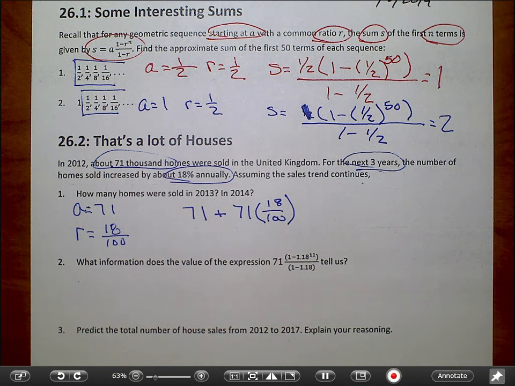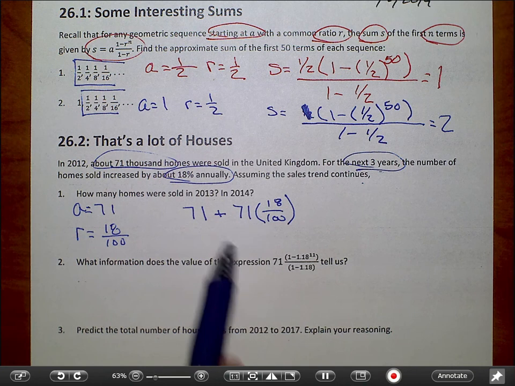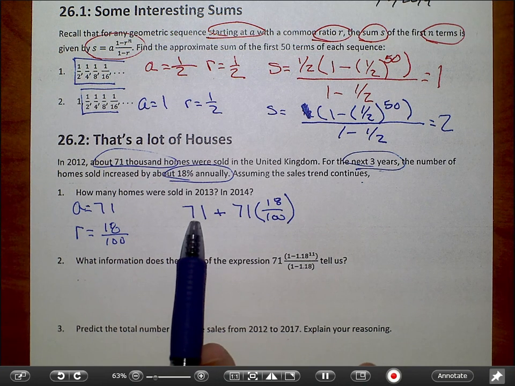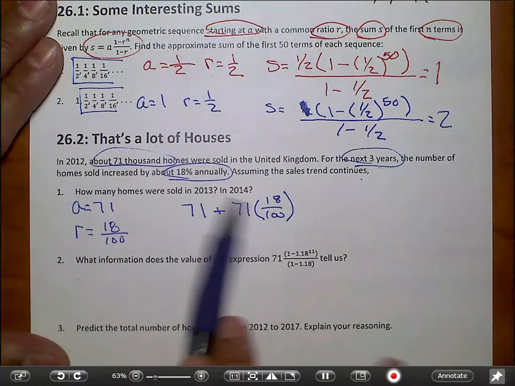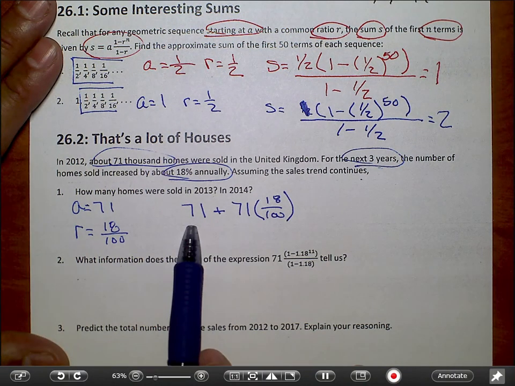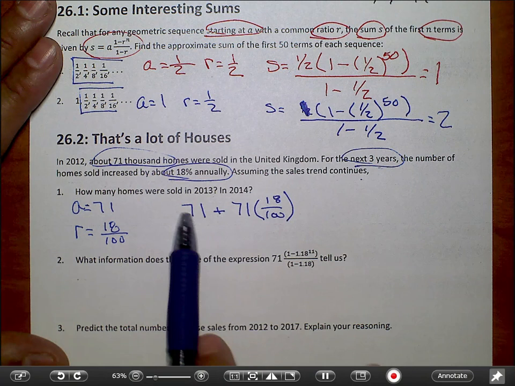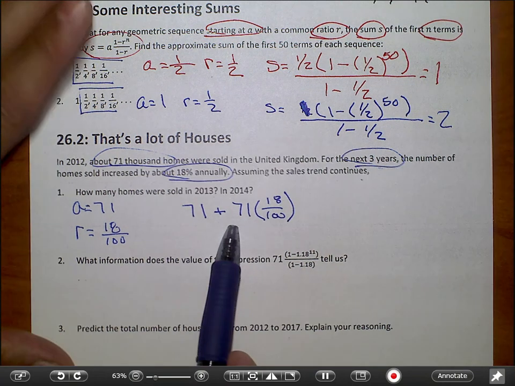Okay, so listen up, please. On yesterday's notes, this is the pattern that we did every time. We started with the initial amount, and then we added a piece to it, right? We added a piece to what I had. That's super important. So I'm adding a piece to that.